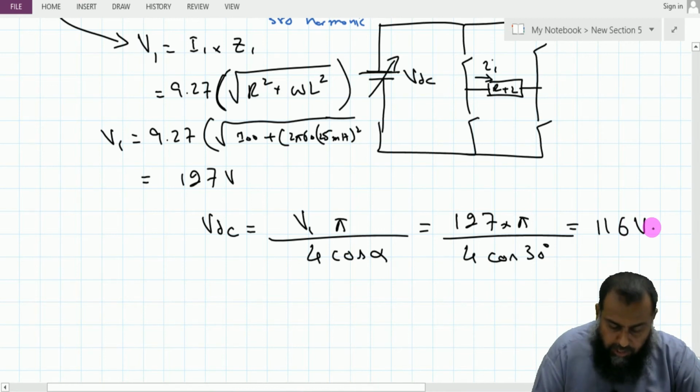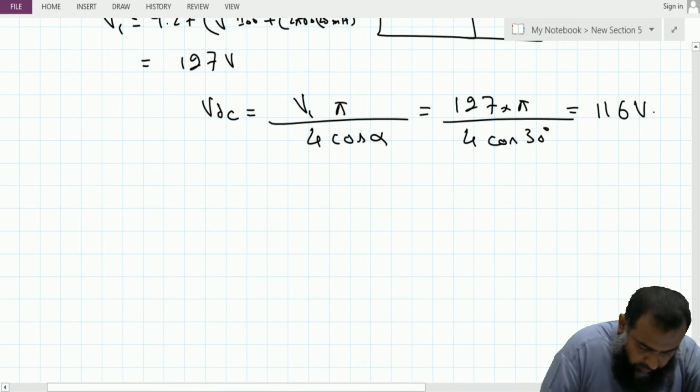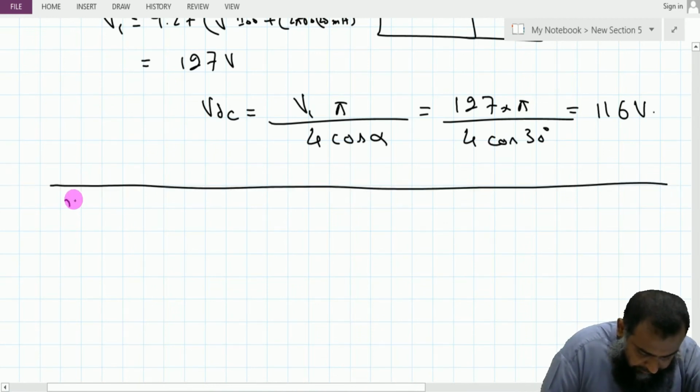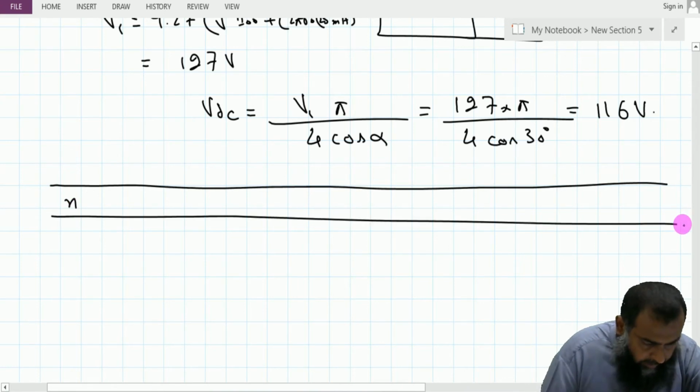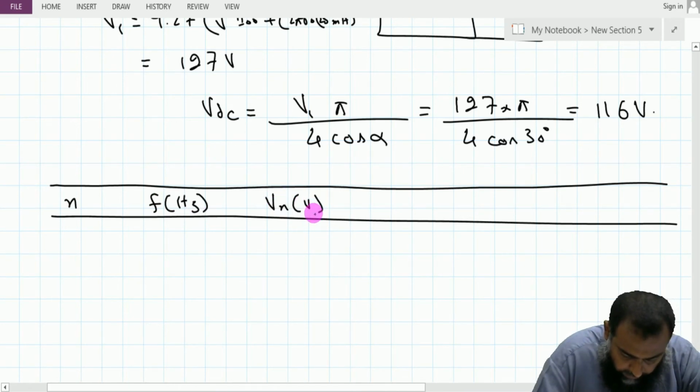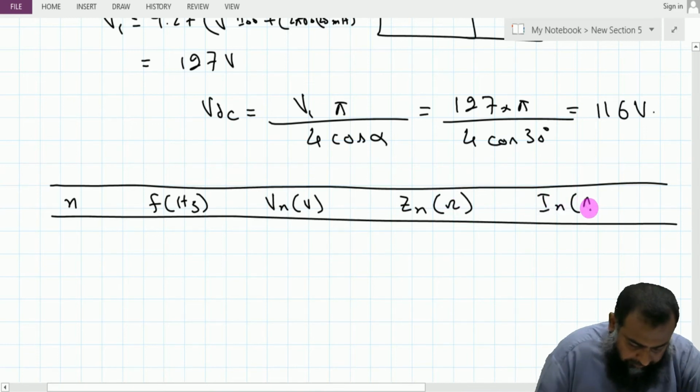For the rest of the harmonic content, let us again create the table. So here we have this N, which is the harmonic number. Then we have F in Hertz. Then we have Vn in volt. Then we have Zn in ohms, and then we have In in ampere.